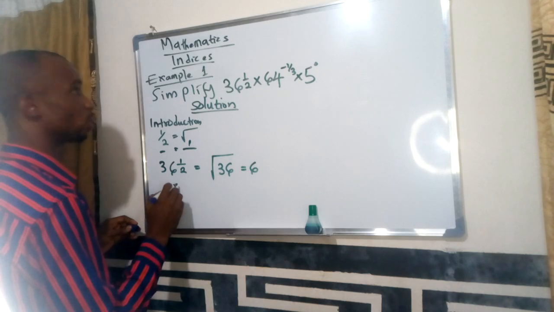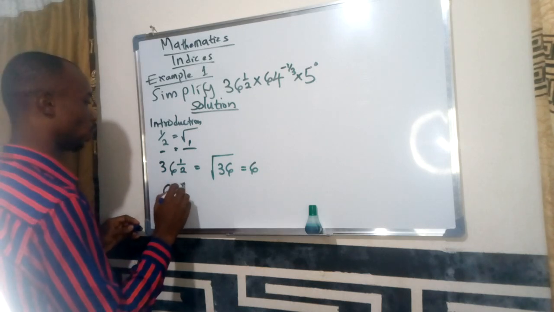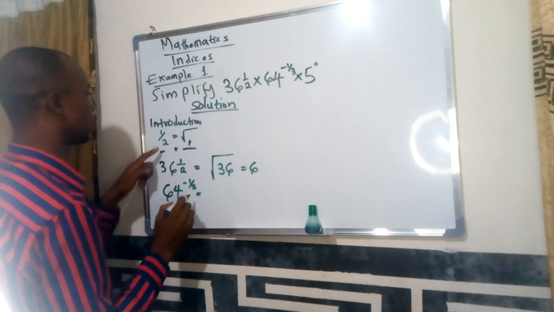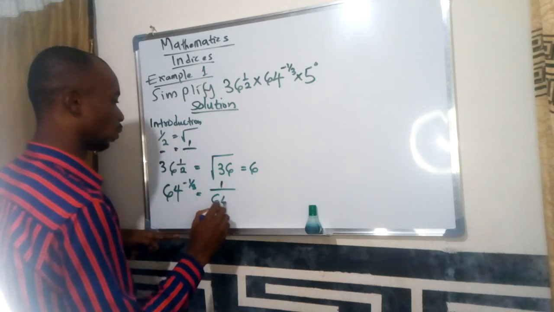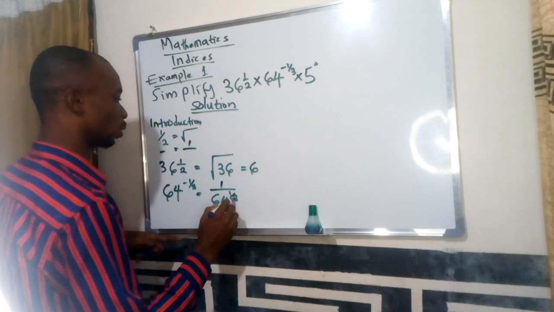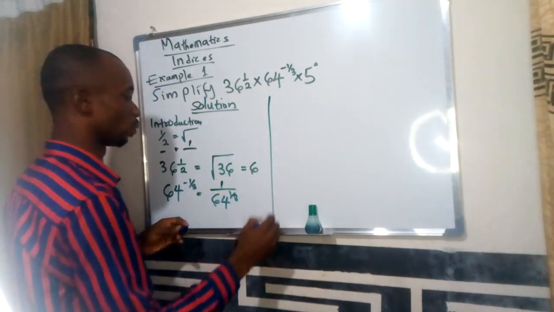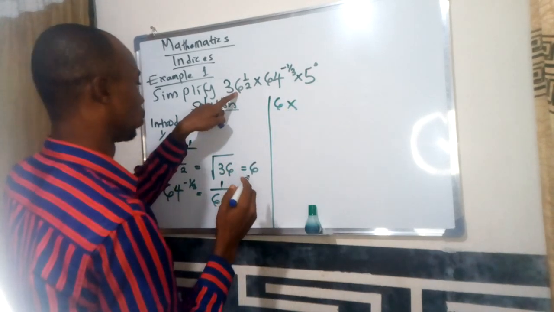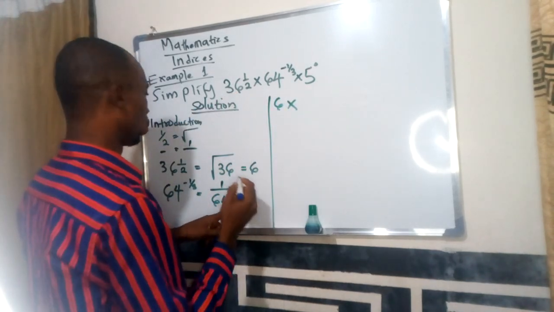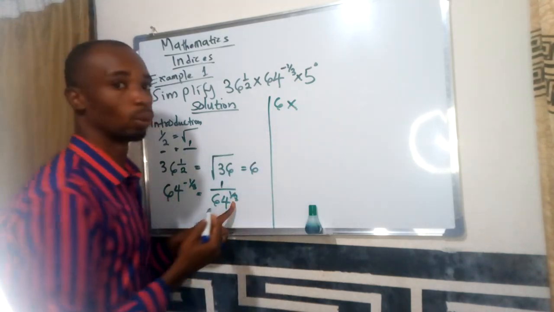Then again, 6 times 64 raised to the power minus 1 over 3. Now, since the minus is expressed as 1 over, we'll write this as 1 over 64 raised to the power 1 over 3. So what do we have? We now have 6 times, that is from the value here, 1 over 3 is also what? Cube root.